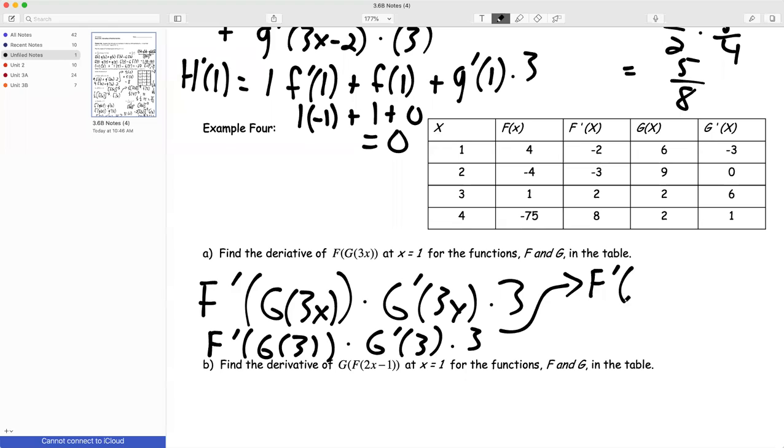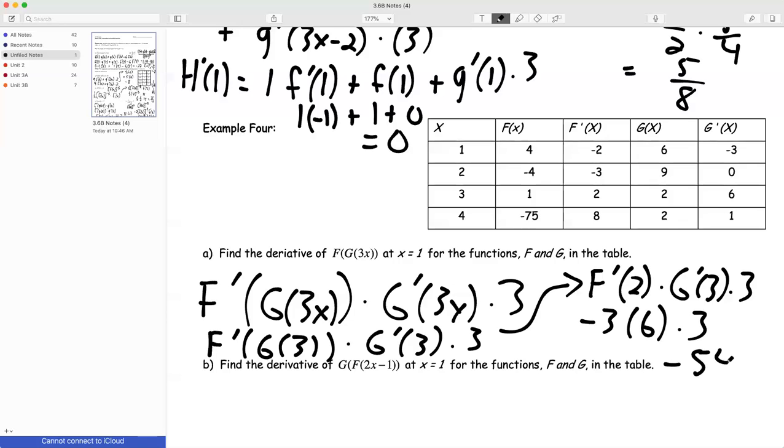So that's going to give me f prime of 2 times g prime of 3 times 3. F prime of 2 is -3. G prime of 3 is going to be 6. So I have -3 times 6 times 3, which is -18 times 3, which is -54.